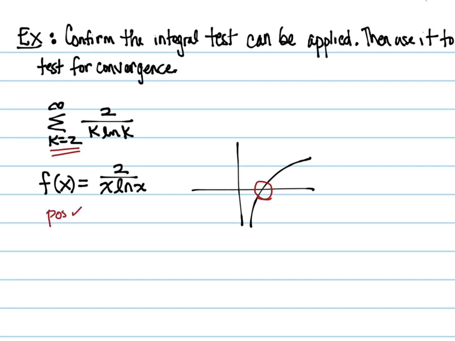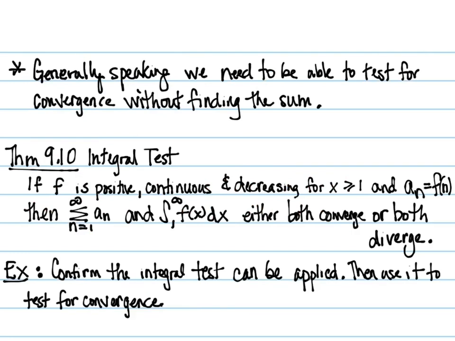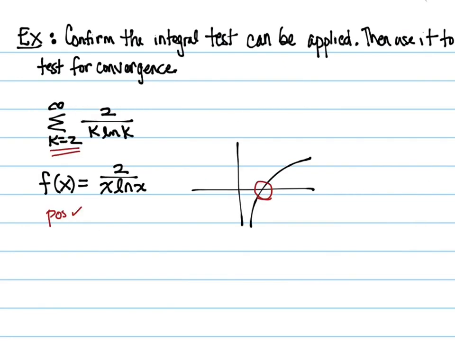It's positive. What else did it say we had to confirm? It's continuous. Is this function continuous? It is continuous. There's no vertical asymptotes. The only vertical asymptote would exist if natural log was equal to 0, which it never is, or if x is equal to 0.